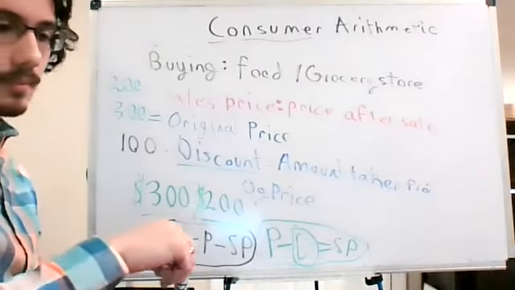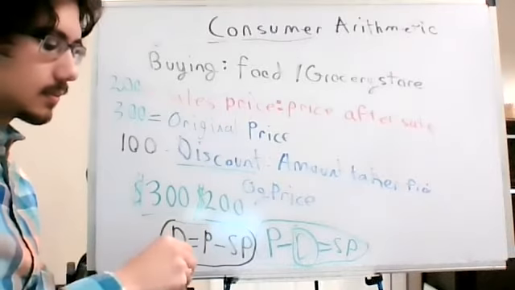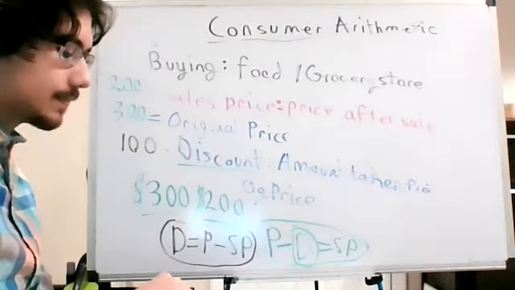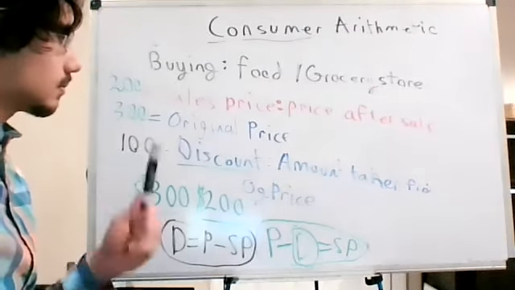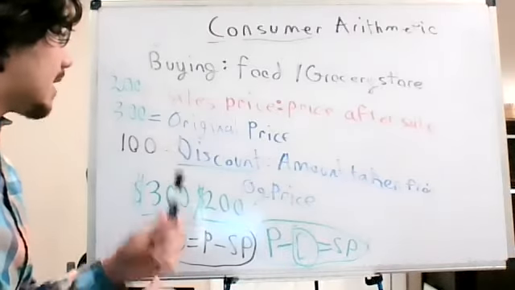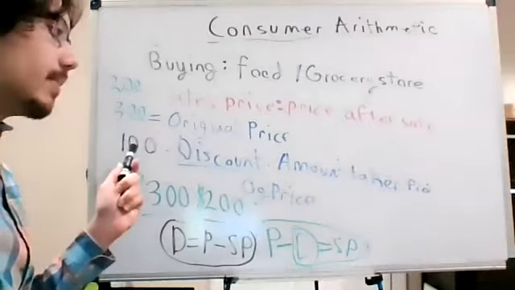Sir, I thought at first we have to do like division and multiplication, but it was simple at the end. You just got to do a little subtraction. Yes. Mr. Arian, do you understand? Yes, sir. Okay. So we found what the discount amount would be.